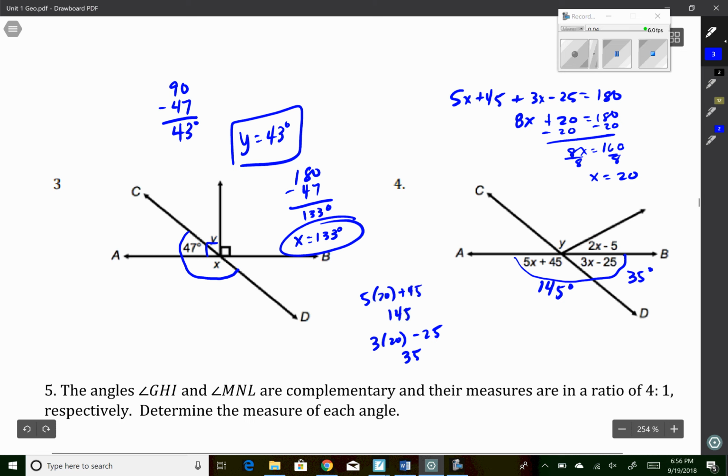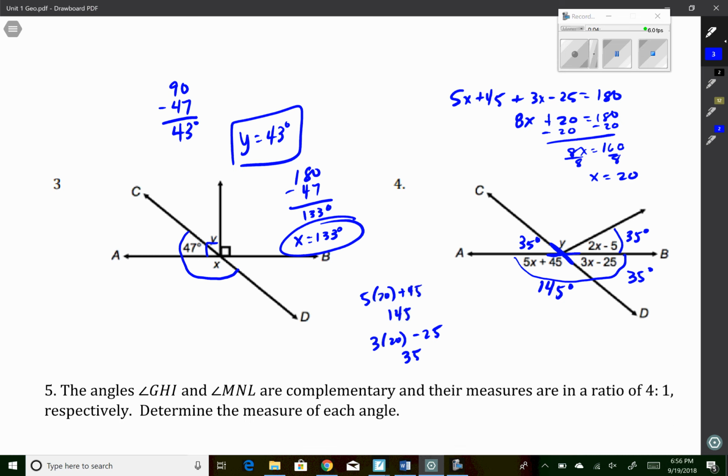If that angle is 35 by vertical angles, notice here we have vertical angles, this angle is also 35. The other thing I know is 2 times 20 minus 5 is also 35, not because of vertical angles, but because I plugged in 20 for x.